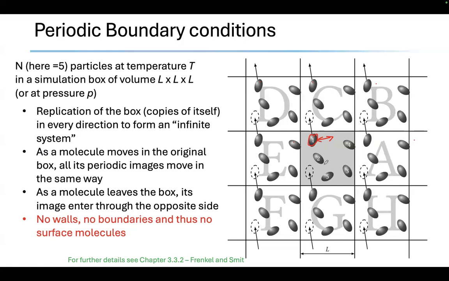Now, the way the periodic box is constructed is that if the molecule moves to this particular box here, then it enters back into this box again. Similarly, if molecule 2 is moving in this direction, then according to the periodic boundary conditions, in all of the boxes, molecule 2 would move in the exact same way as it did in the first box.